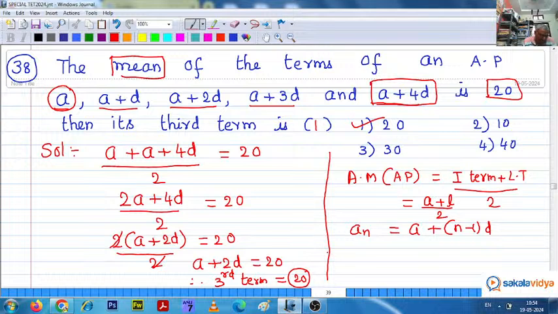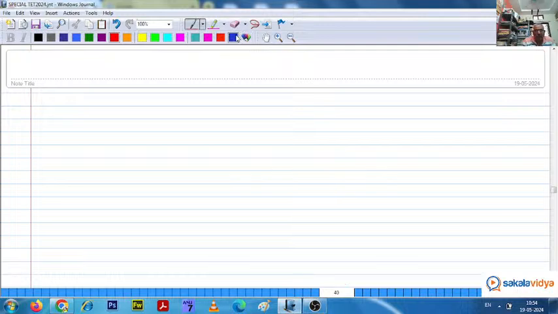Yes, an even number of terms is also possible, right? So you need to check whether it's an even number or odd number. Next question.